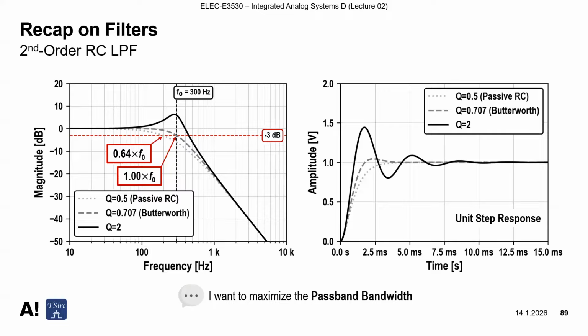For Q factor equal to 0.5, it has almost 30% lower bandwidth than the Butterworth.